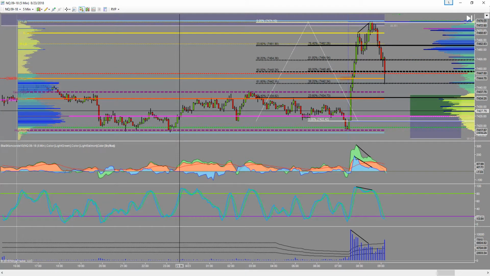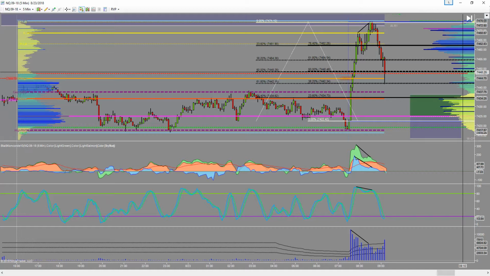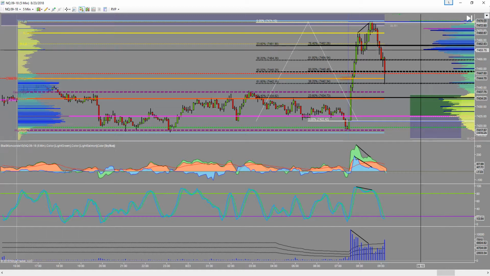They were trying to break and stop this move down right at the 50%, but how do we know that this level is not gonna hold? We know when there is no volume there. There is no volume at all. Compared with other levels, there is no volume there. As you can see, here is a very high volume. Here is a very high volume.